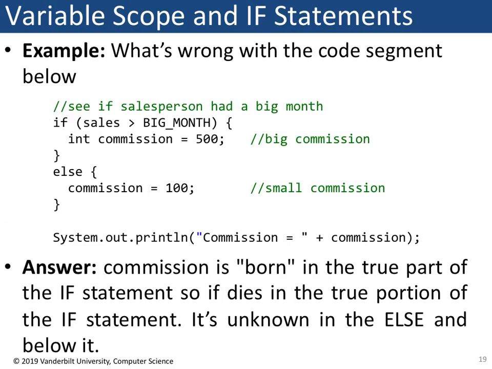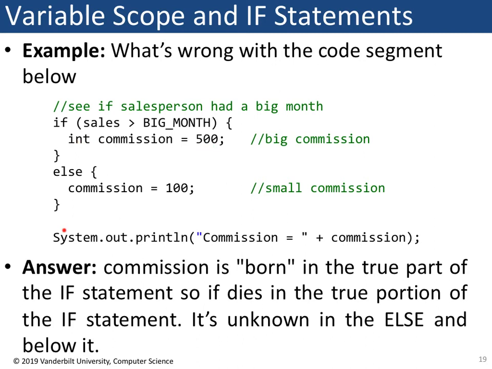There's something to keep in mind whenever you're using variables inside of if statements. If you declare a variable inside of an if statement, that variable is born and will die with the curly braces around the if statement. So let's say, for instance, that this code is used. If sales is greater than this class constant big month, then we declare a variable called commission, which is an integer, and we assign it the value 500.